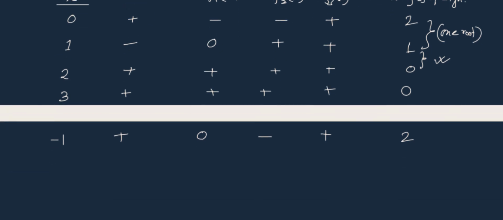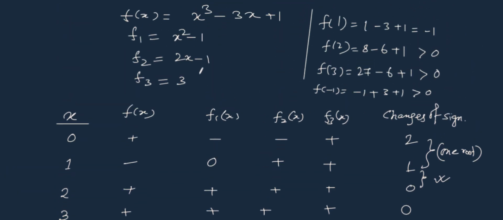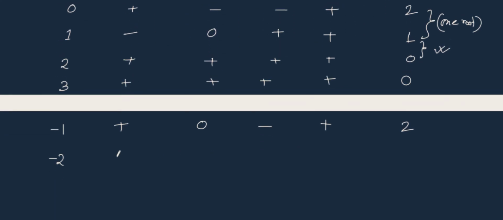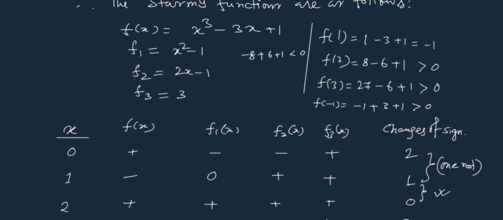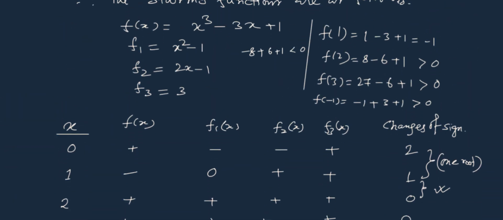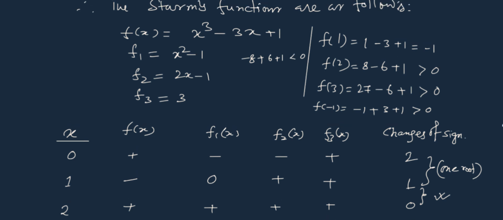So let's calculate at x equals negative 2. For negative 2, f of negative 2 will get negative 8, positive 6, positive 1. So this is negative. So f is negative at x equals negative 2. Okay, what will be f1? f1 will be positive and f2 will be negative.